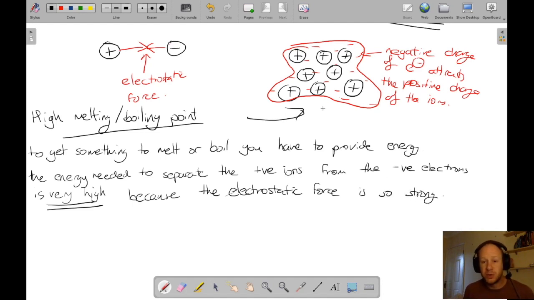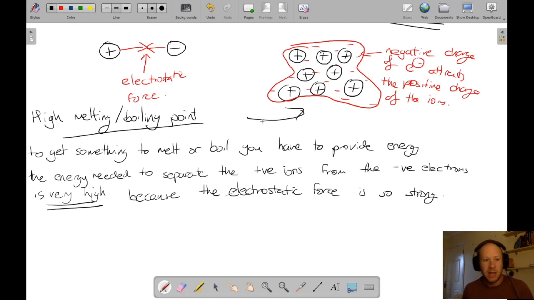Basically, because the force between the positive ions and the negative electrons is so strong, it's really difficult to break those atoms apart. It's like they're stuck together with magnets in between them. And so pulling them away from each other is very difficult because they want to be closer together. They want to be packed really close together. So because the electrostatic force is so strong, most metals have high melting and boiling points.